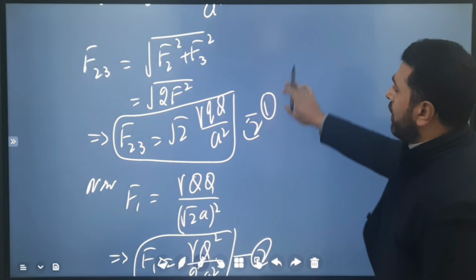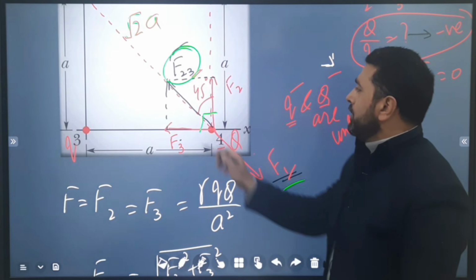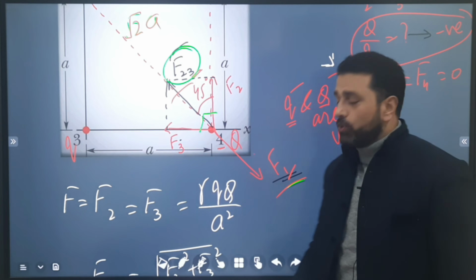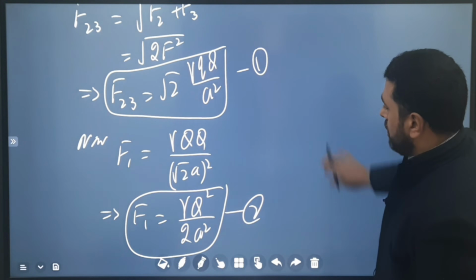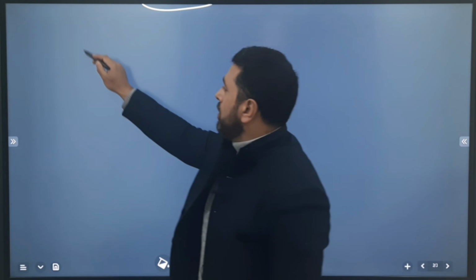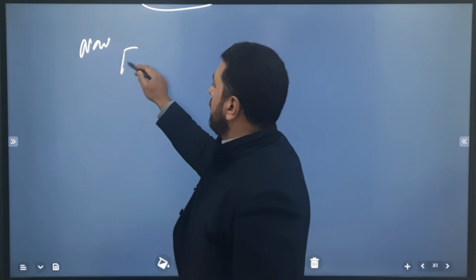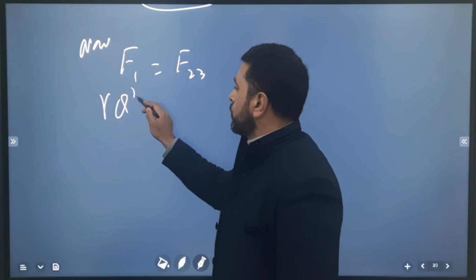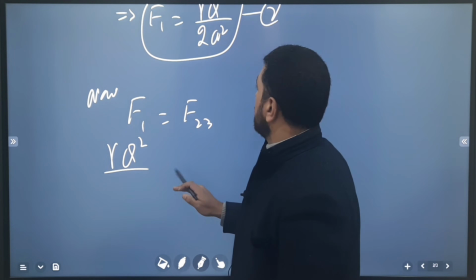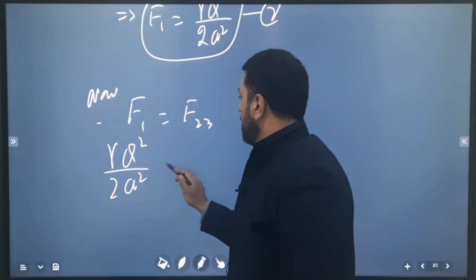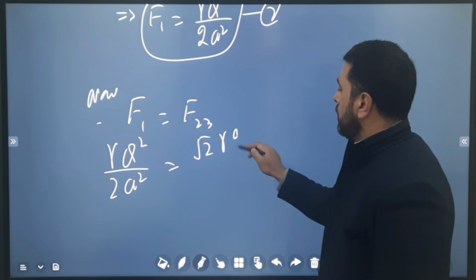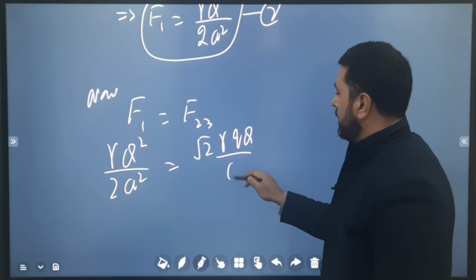Now remember, for net force to be 0, these two must be of the same magnitude. So F1 must be the same as F23 magnitude-wise. Now F1 is equal to F23. F1 is gamma Q squared divided by 2 a squared, and F23 is root 2 times gamma Qq divided by a squared.